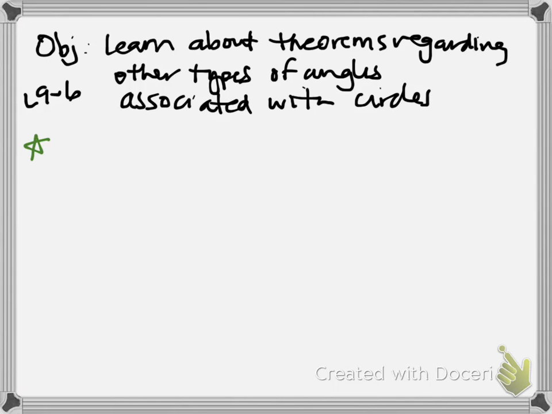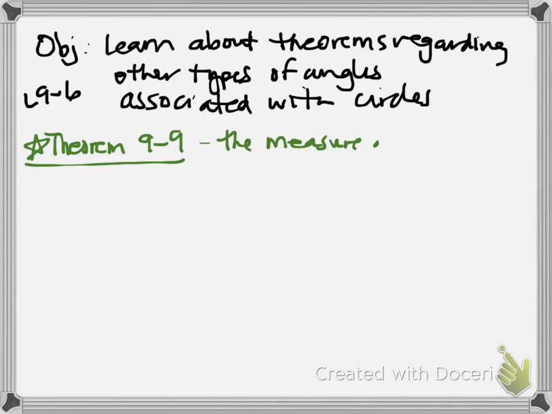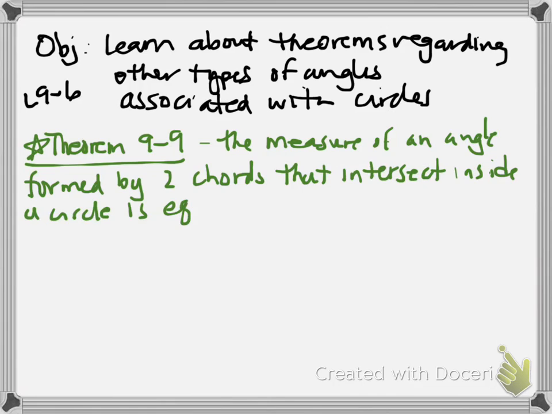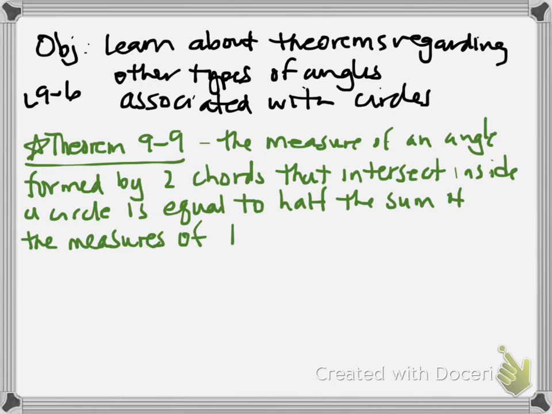So the first one is Theorem 9.9. And it says the measure of an angle formed by two chords that intersect inside a circle is equal to half the sum of the measures of the intercepted arcs.